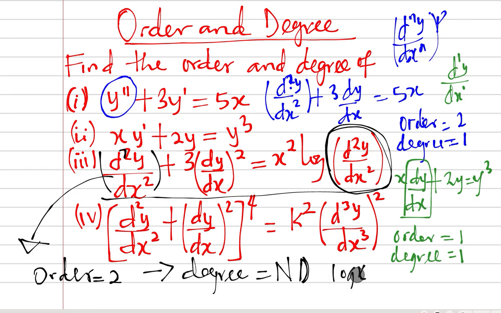Now let's say, for example, this particular question is log x. Are you seeing that? Log x, then the d square y over dx square. For like this, it will be defined, because log x is a function. I get what I'm saying? But have you seen log dy dx before? No, it is not possible. So it is not a polynomial function.